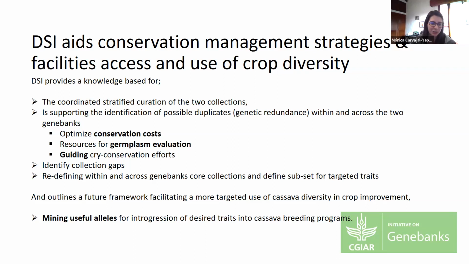In addition to the collections being complementary, there is a bit of genetic redundancy across the two collections. So this is a good example of how DSI can support conservation management and facilitate the access and use of crop diversity.